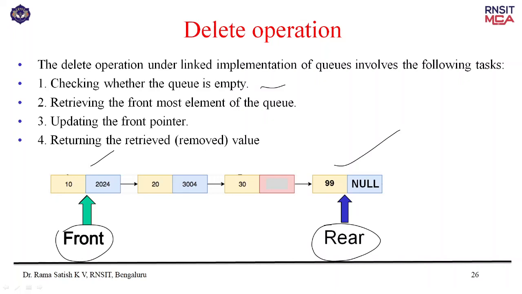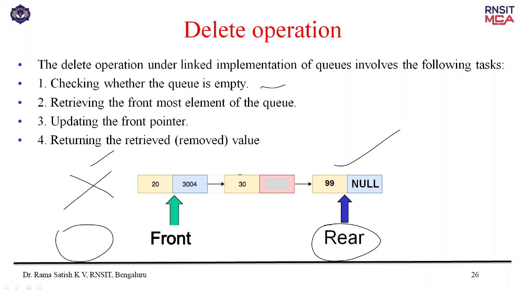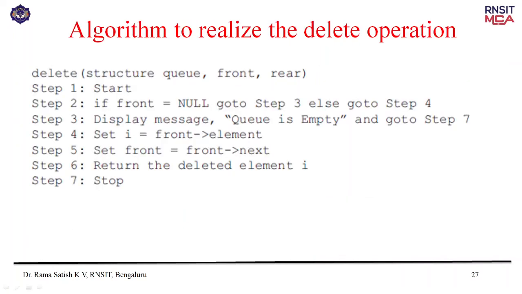Then update the front pointer. As it updates, the element gets deleted. And whatever the element that was there, you return it back to the function. So that is the same thing that is done here.